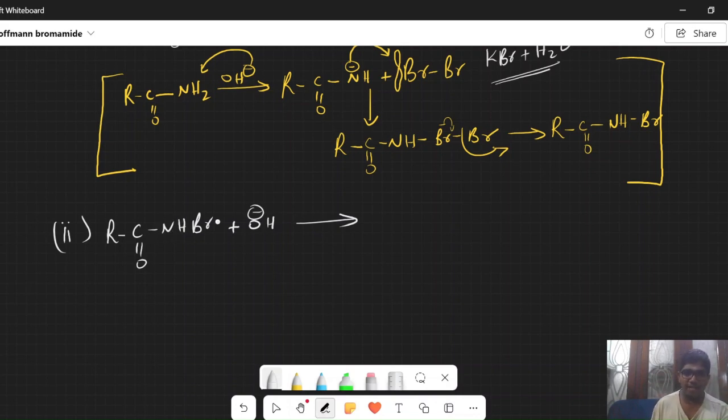The proton on NHBr is highly acidic and shall be abstracted by the base, which is OH minus. Okay, so we get RC double bond O N minus Br plus H2O. Right, this is the second step.